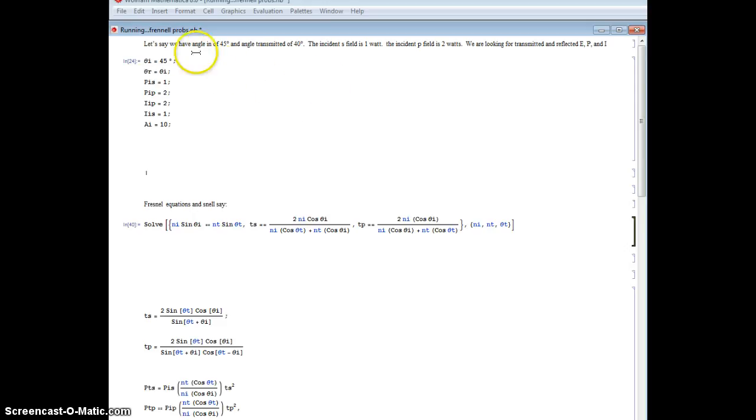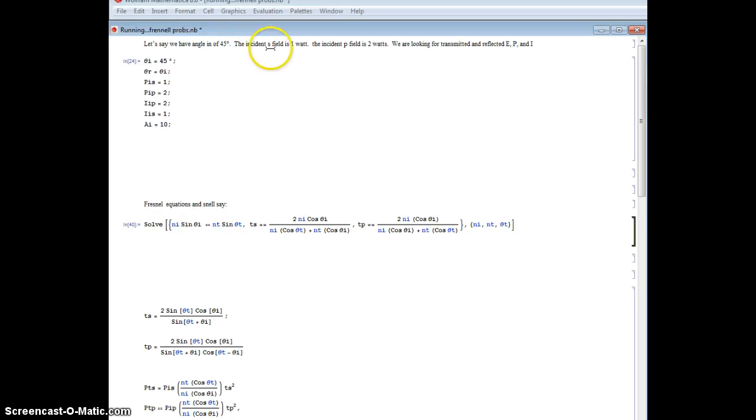So anyway, let's say we have an angle of 45 degrees incident onto the interface. The angle transmitted, I'm actually going to be calculating, so we don't know yet. We will find that as long as our calculations work.